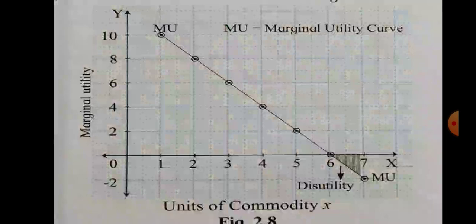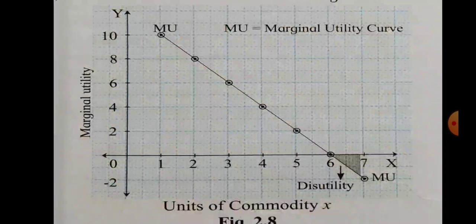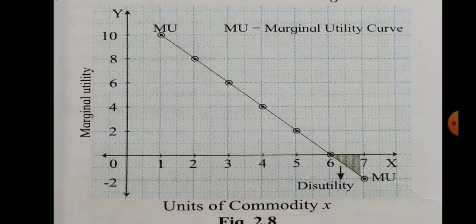Now let us see the explanation of the schedule with the help of a diagram. On the y-axis we measure marginal utility and on the x-axis we measure units of commodity X. When the consumer consumes the first unit, MU is 10. Second unit, MU is 8.